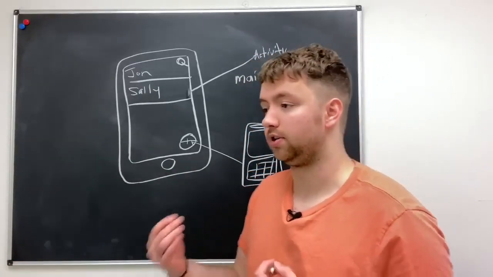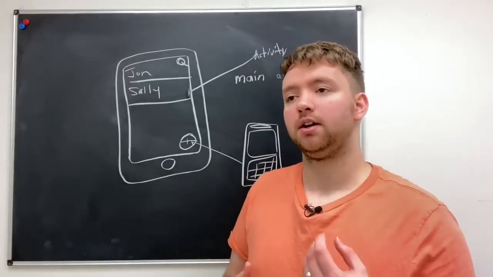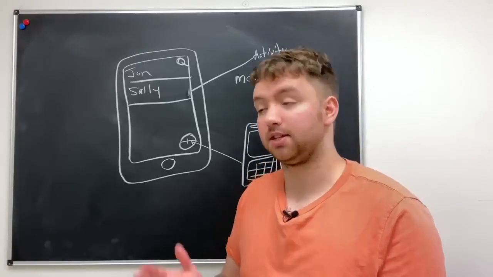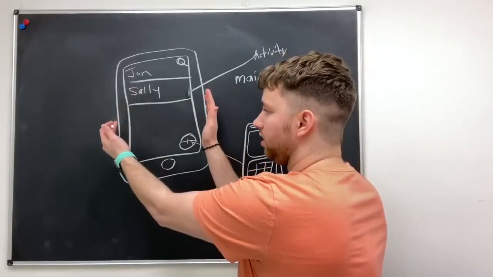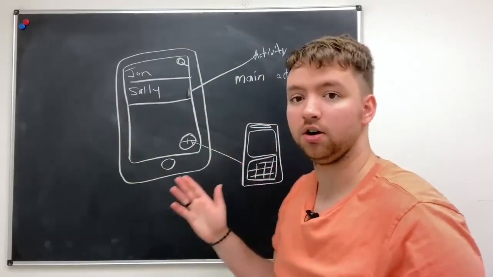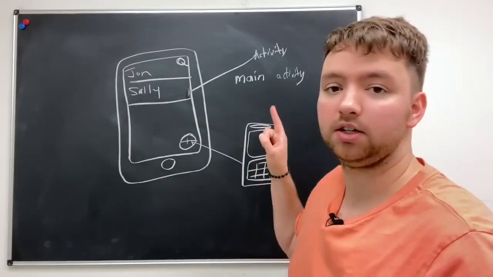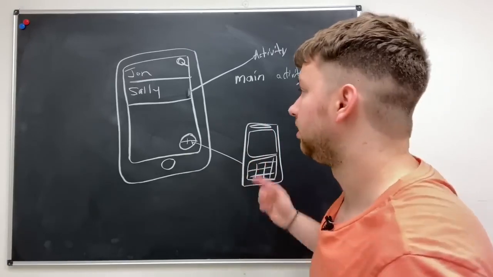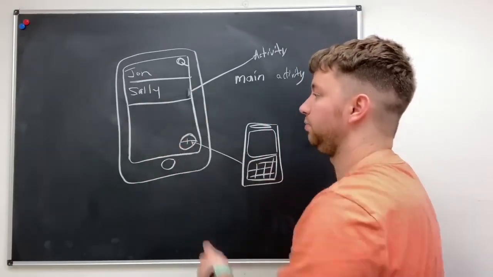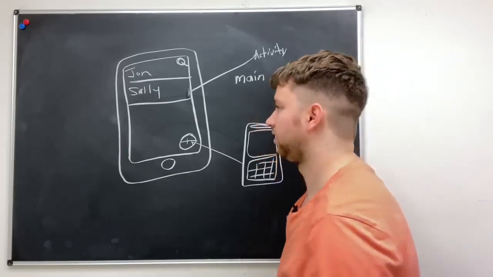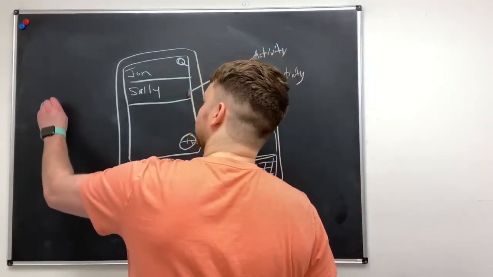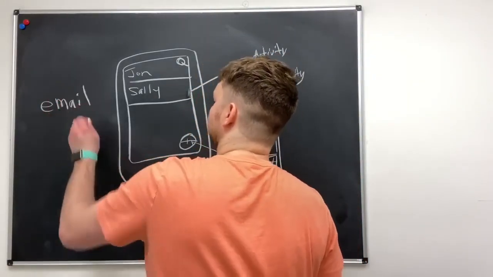Another thing you need to consider is how your app is opened. Because oftentimes, since these are their own entities, we have one activity here, we have one activity here, we can send people directly to a specific activity. So you don't always have to go through this home page. For example, let's say we have a website and we have an email button.